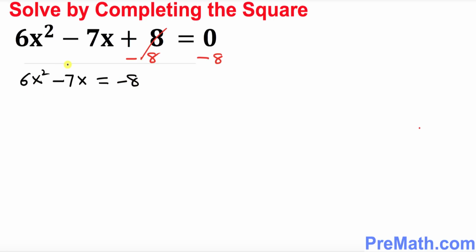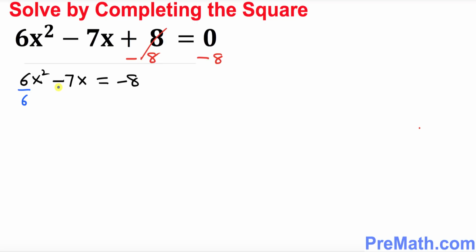So far so good. The next thing we want to do is make sure that our leading coefficient, which is right now 6, must be 1. Whatever the leading coefficient is, you must divide all the way by that number, by 6.